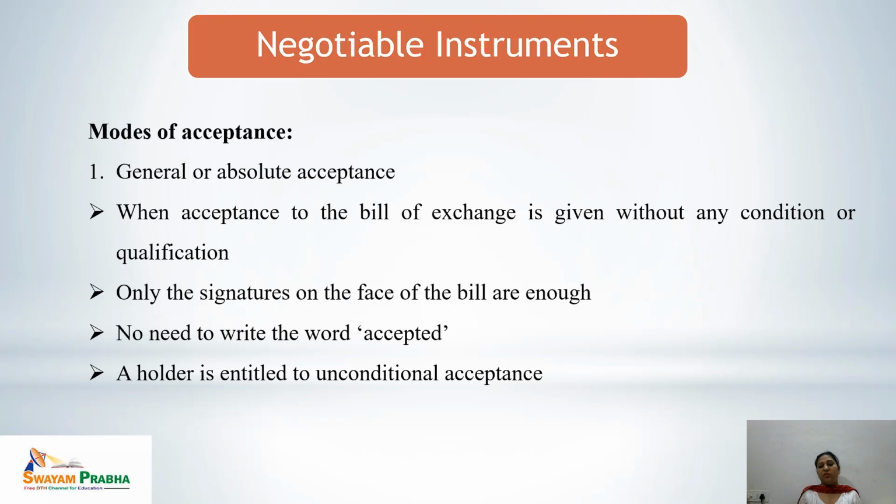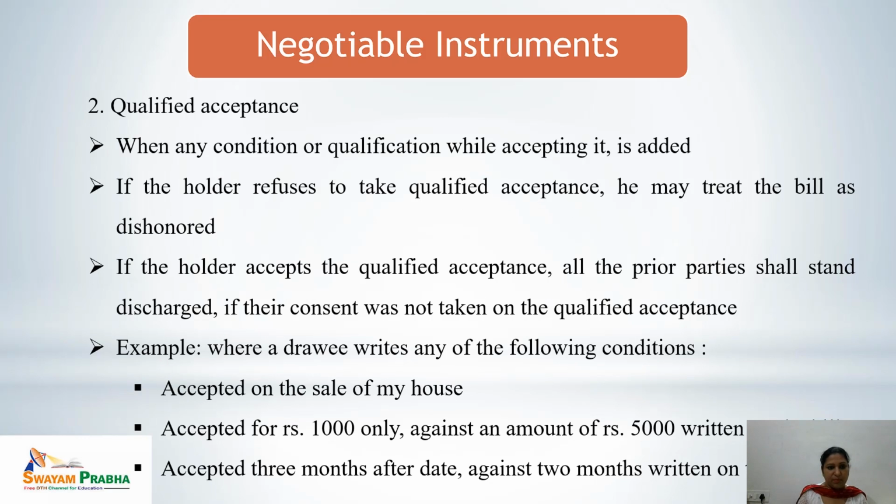In this case, there is no need to write the word accepted. Just the signature of the drawee makes it a valid acceptance, and a holder is entitled to unconditional acceptance. No kind of condition can be attached to the acceptance.